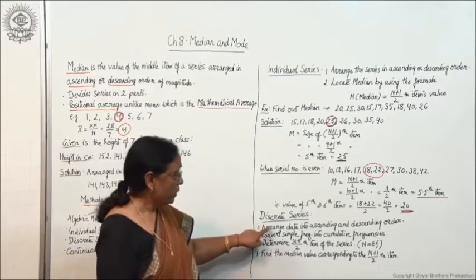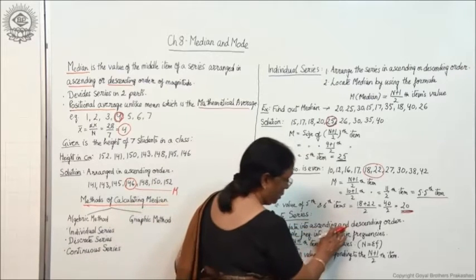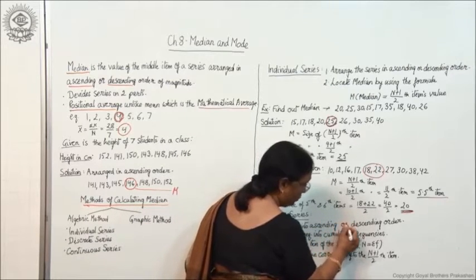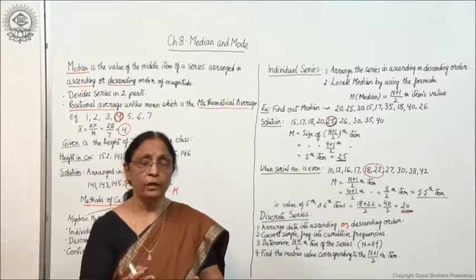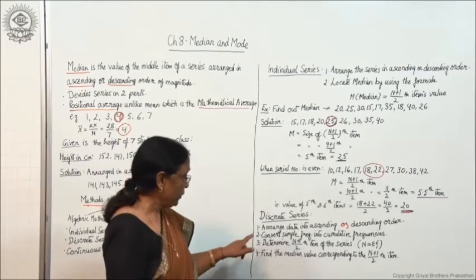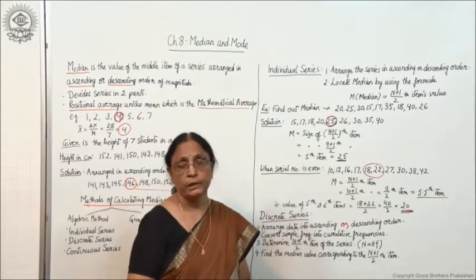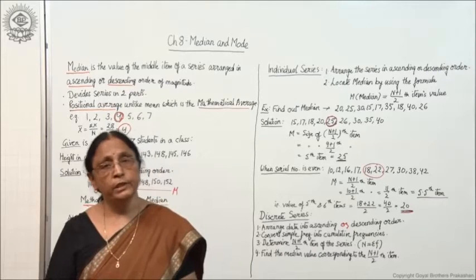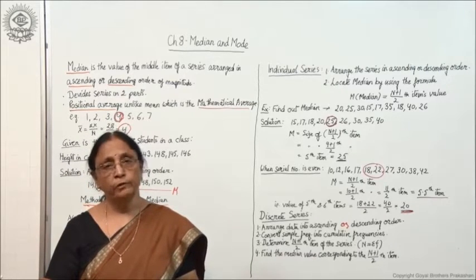First, arrange the data in either ascending or descending order, right? This is the first step in the case of the median. Second, convert simple frequency into cumulative frequencies. As I told you, in the case of a discrete series, frequency is given, and you are very well aware of the term frequency.